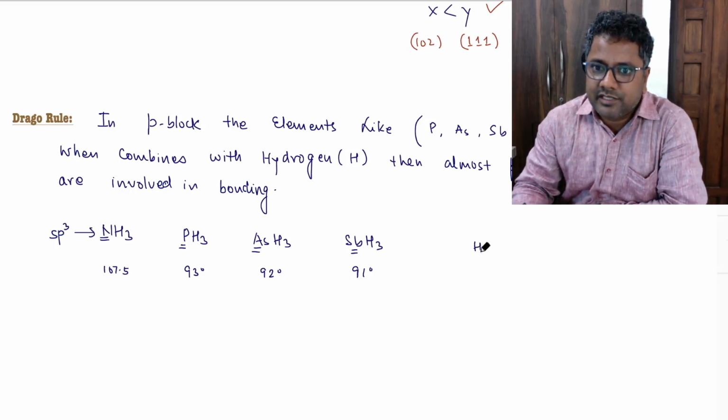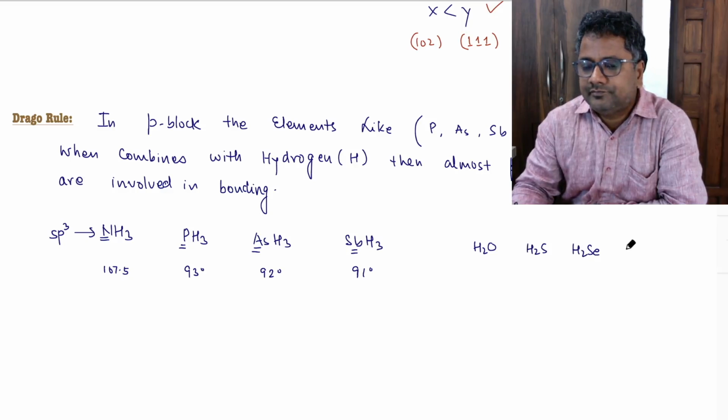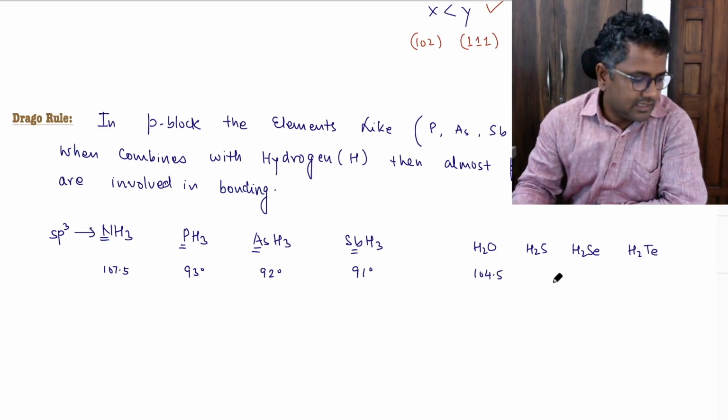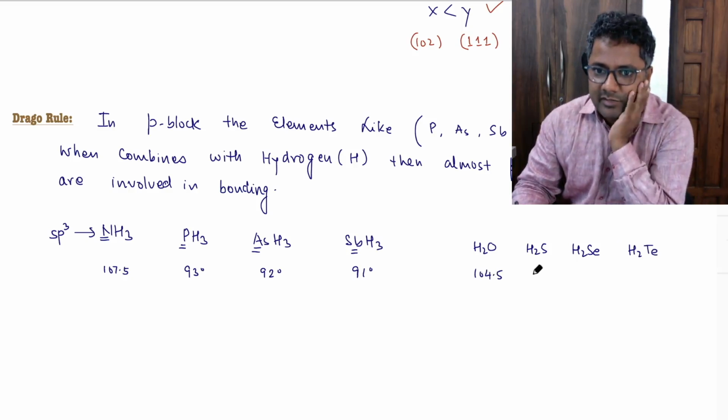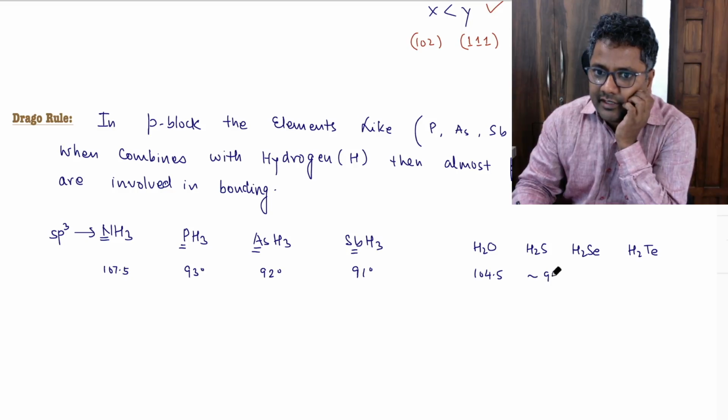Similarly, if you see H2O, H2S, H2Se, H2Te. So here it is 104.5, and in H2S I do not have the value, but here all are close to 90 degree, right?